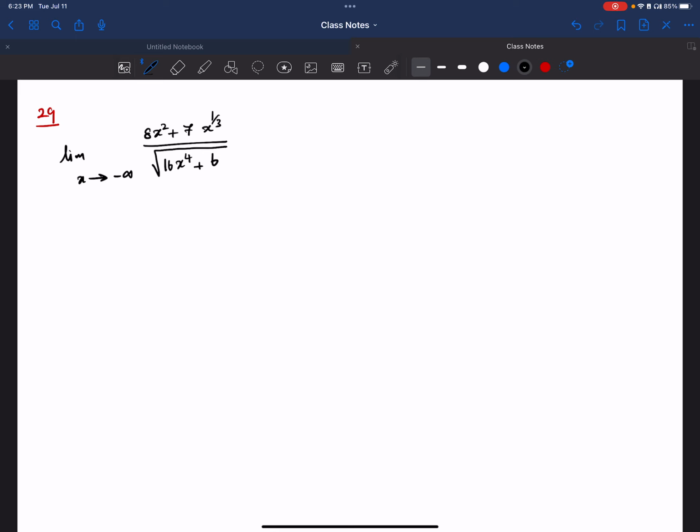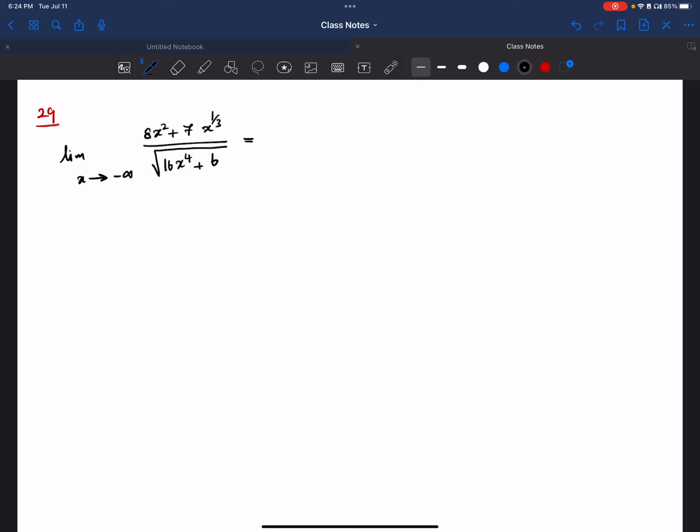But it is inside the radical. Inside the square root, x to the power 4 becomes x to the power 2 when you take it out. So basically what we are doing is this.